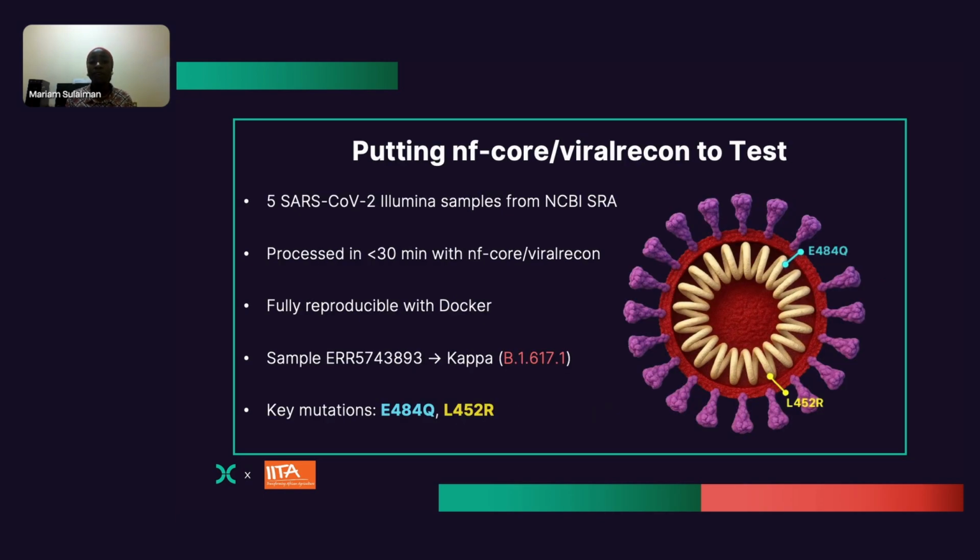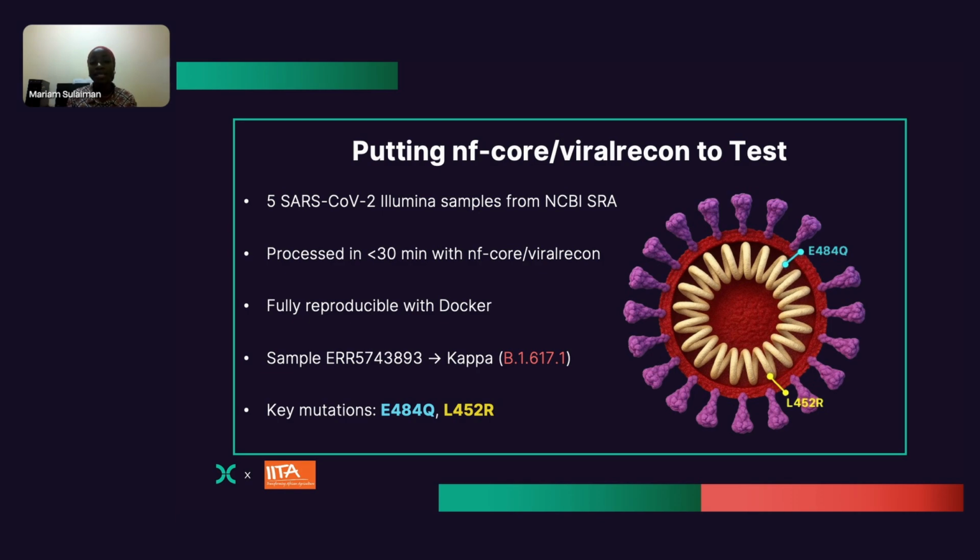To put nf-core viralrecon to the test, I retrieved 5 SARS-CoV-2 Illumina samples from the NCBI SRA, and to my surprise, in less than 30 minutes, the whole process was completed with everything fully reproducible with Docker.